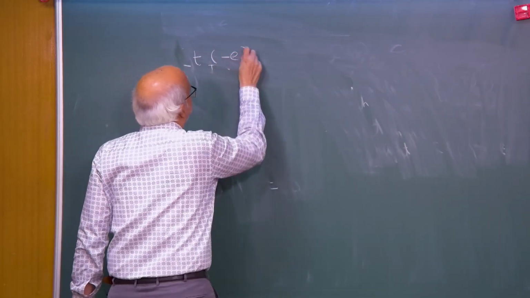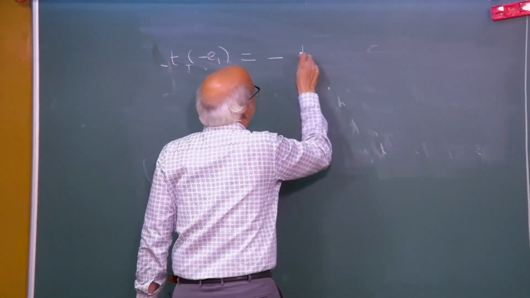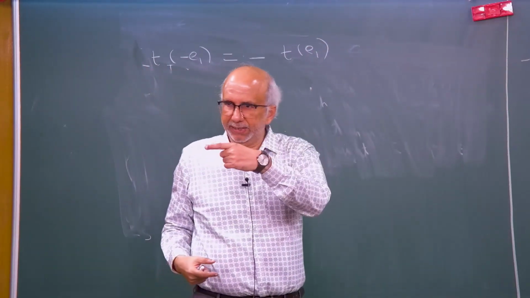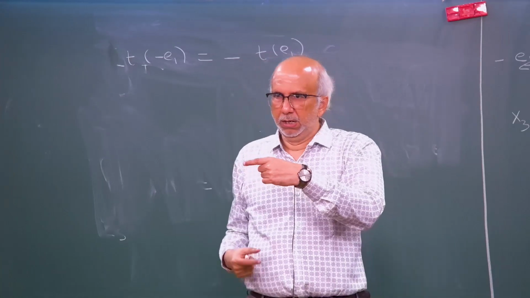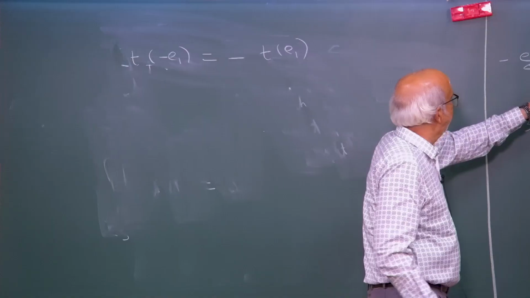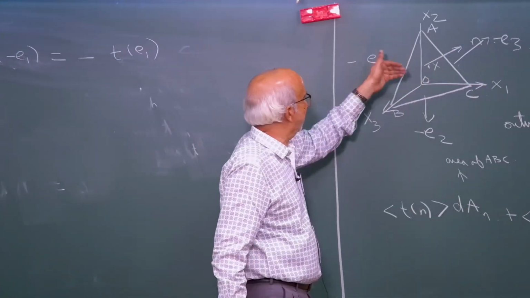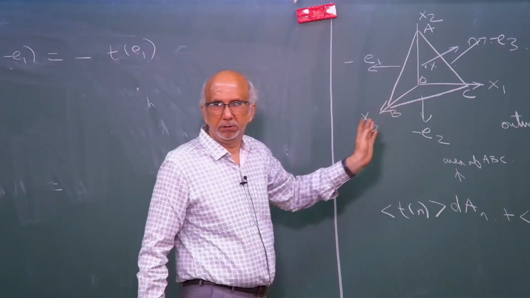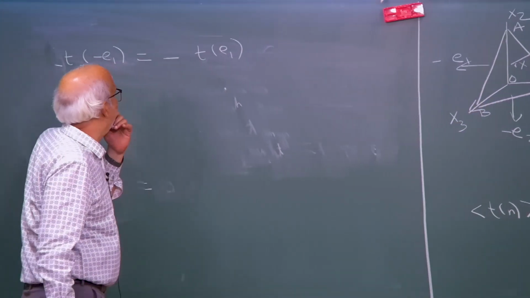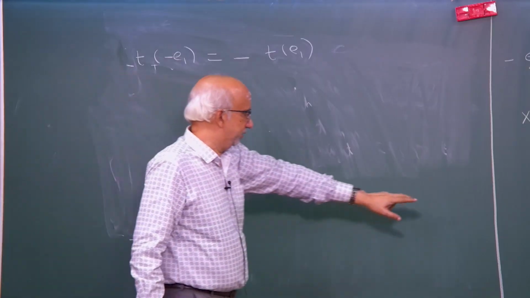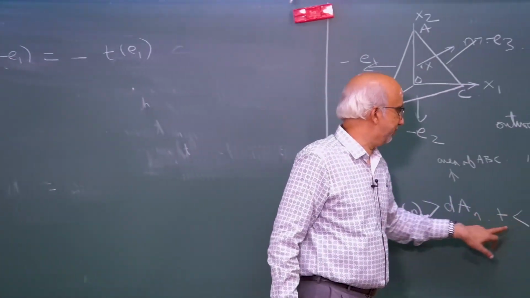So, if there is a force acting in a particular direction, in the negative direction, what is going to be the corresponding force in the positive direction? It is going to be the negative of that. So, basically that is what I am saying. T of minus E1 is minus of T of E1, which means I can write all of this with a negative sign.